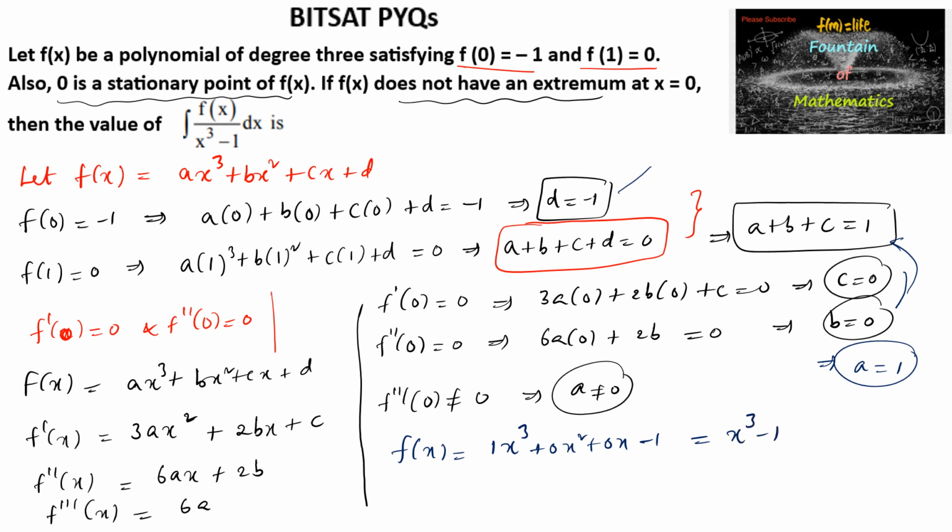Now consider the integral of f(x), that is (x³ minus 1) upon (x³ minus 1) dx, which is the integral of 1 dx, equal to x plus some constant c. So x plus c is the answer.